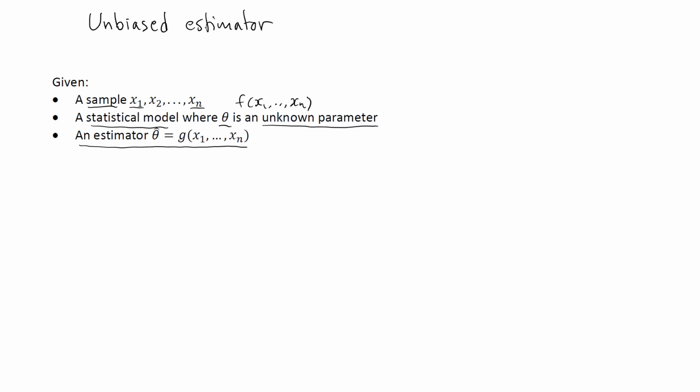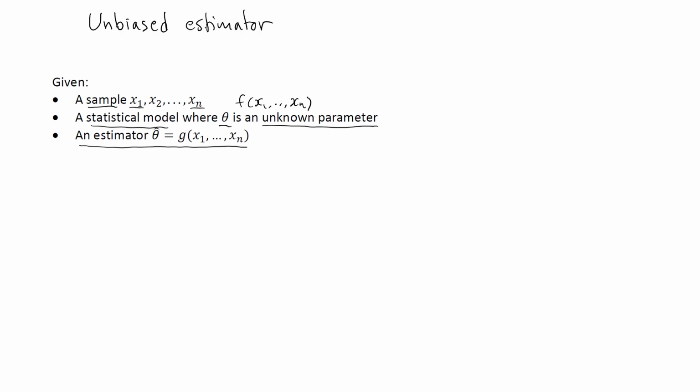I'm not going to tell you what this distribution is, but I'm going to give you the sample. I'm going to give you these numbers, x1 through xn. I am also thinking of a number that I'm going to call theta, and your job is to guess which number I am thinking of by using the sample.